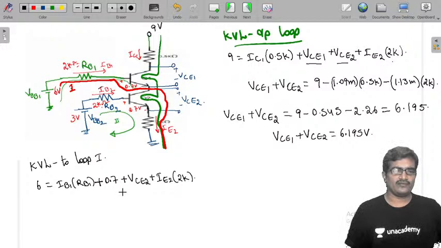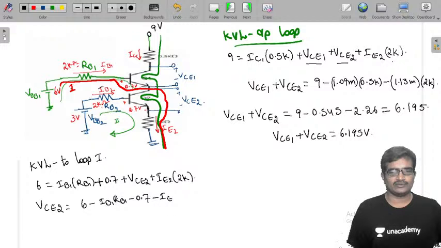So now we know IB1 and RB1 and all this. Now from this I am writing VCE2 equals 6 minus IB1 into RB1 minus 0.7 minus IE2 into 2K.